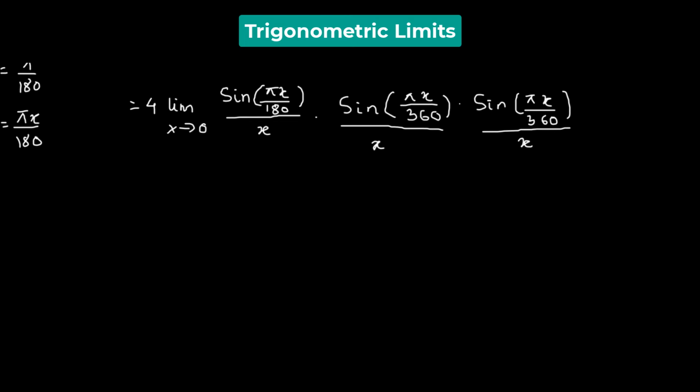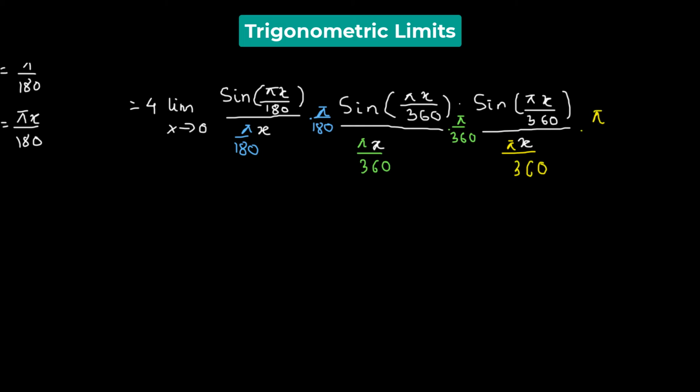So we're going to multiply the denominator x by pi over 180. Since this is an extra term, we have to multiply by pi over 180. Similarly, for the second function, we multiply pi over 360. So that means we'll need to multiply the entire function by pi over 360. And finally, for the third function, we multiply the denominator with pi over 360.